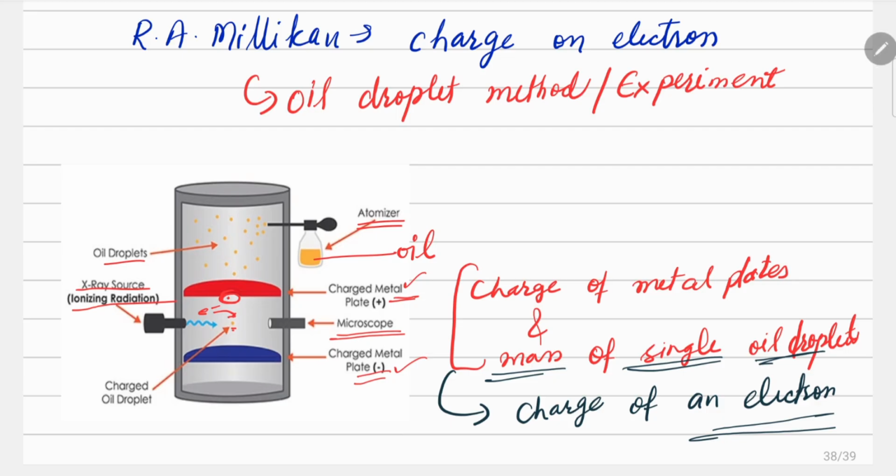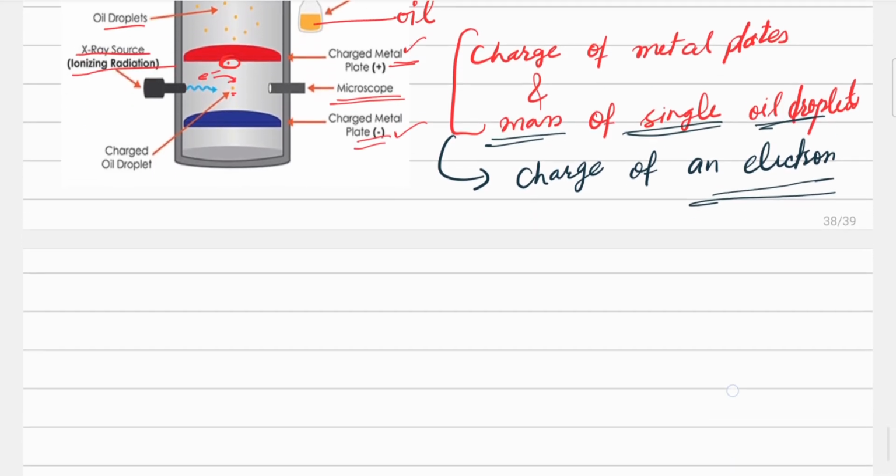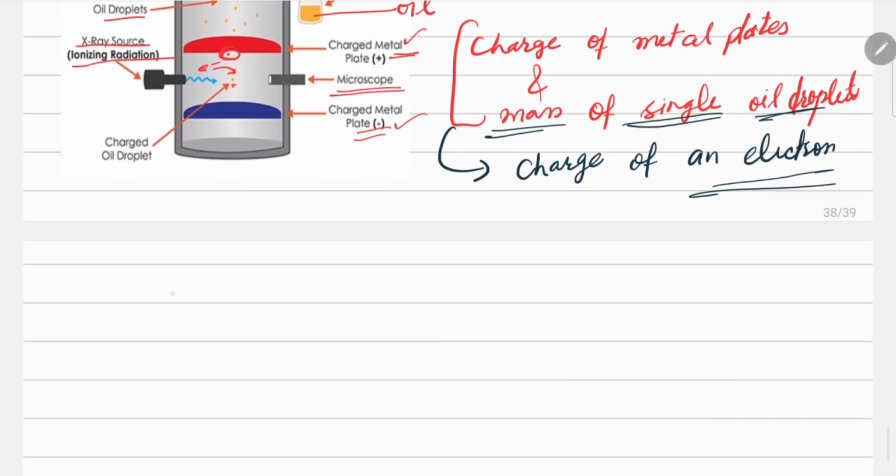Obviously, that force is equal to mass m into g, the gravitational force. So he got to know the mass. When he calculated the charge of an electron, it came out to be 1.6 into 10 to the power negative 19 coulomb.